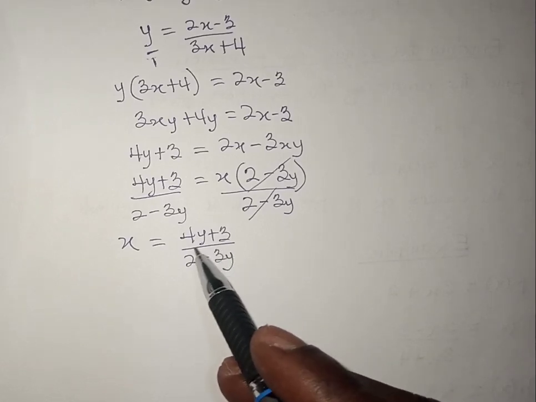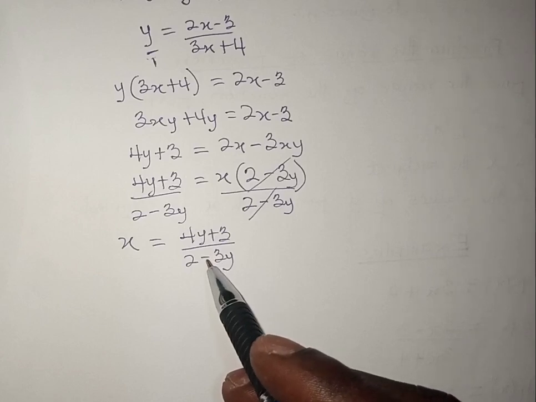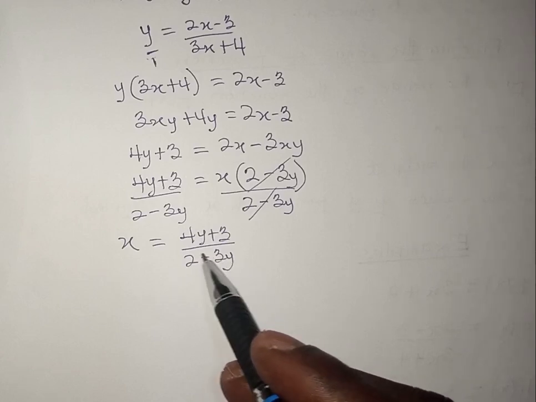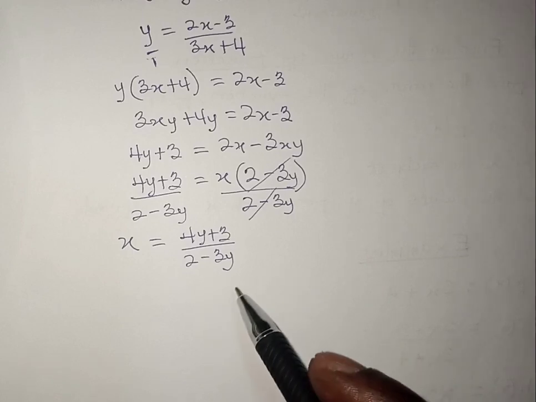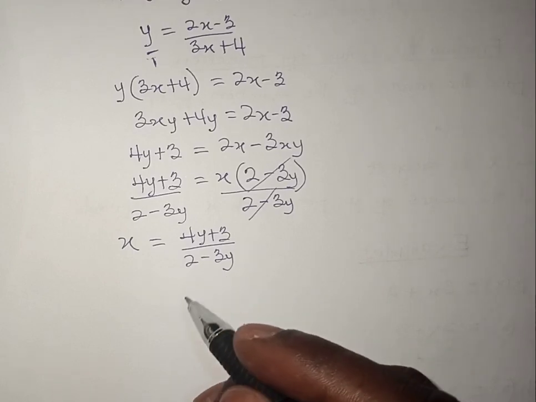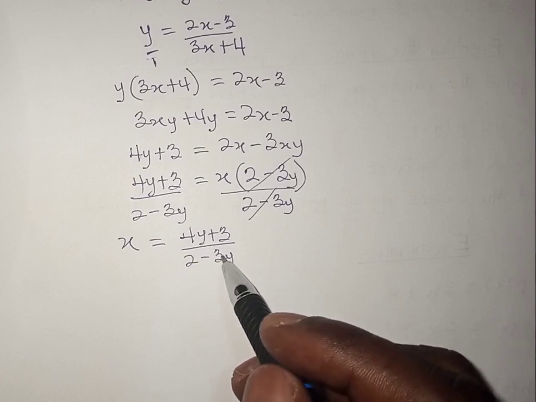It means that every number can make x defined except when the denominator is 0. If that is the case, then we can apply the same idea here.